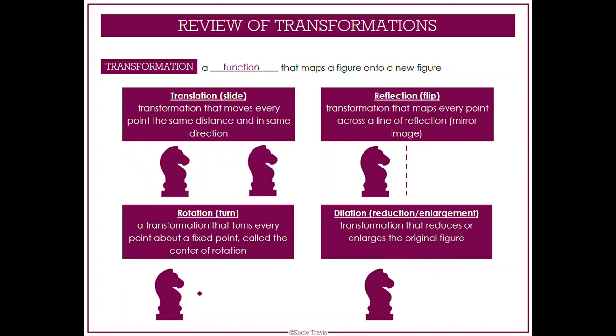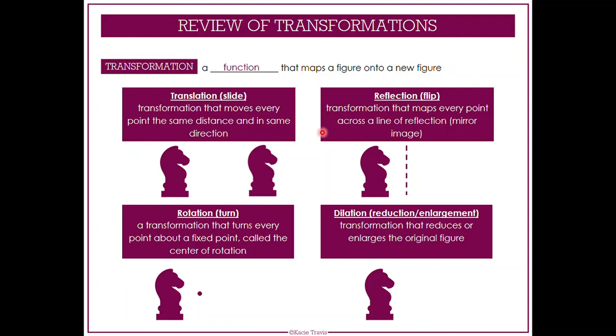Now, no matter where we move our shape, you're going to notice that these are going to maintain whatever direction that they currently were facing, and they will also stay the same size. The size does not change. The direction that it was facing does not change. So remember that.